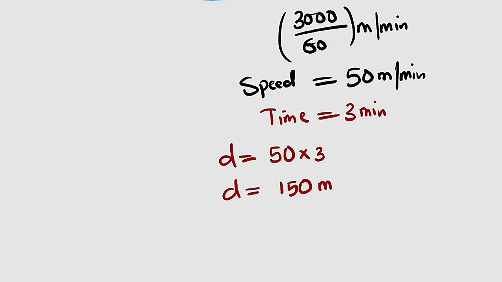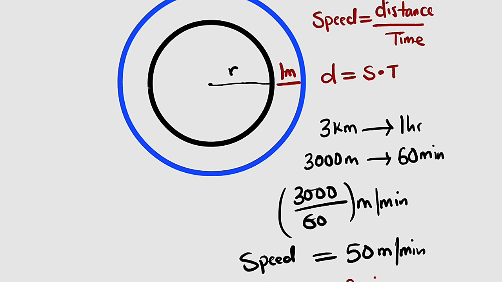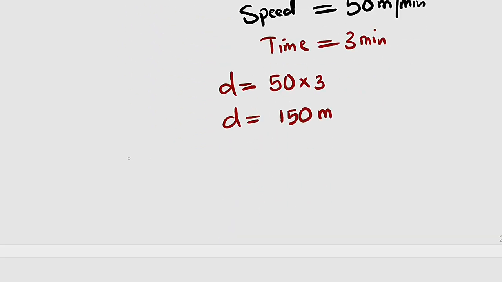So now let us apply the formula used to find the circumference of a circle, because we have to consider the radius of the outermost circle, which is r and we have 1 here, so r plus 1. So circumference is equal to 2 pi r.